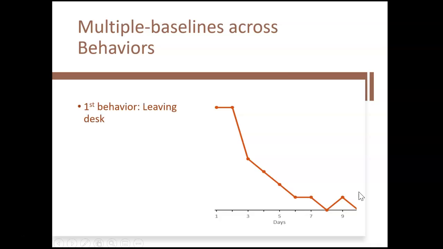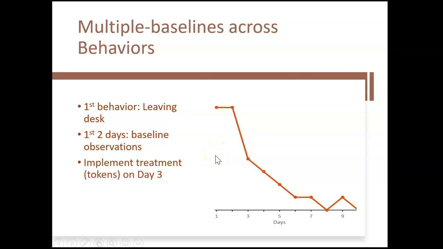If you're doing this across behaviors, the first behavior is leaving the desk. For the first 2 days, you make baseline observations, and what you would see on this image is the first couple of days, you got high levels of desk leaving behavior.